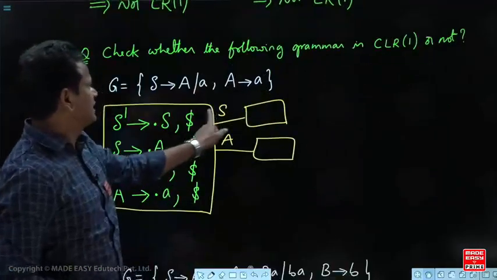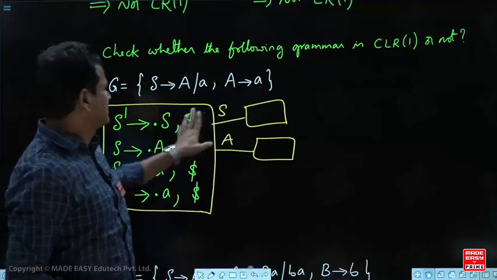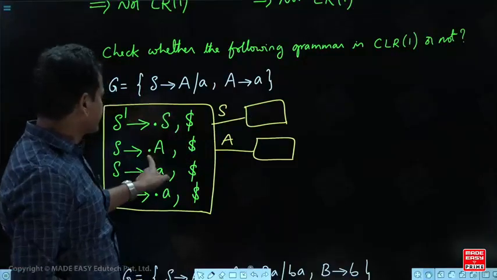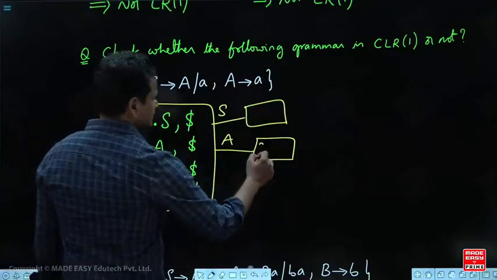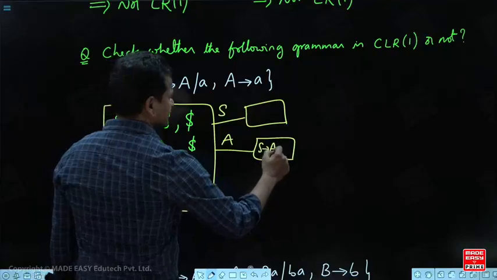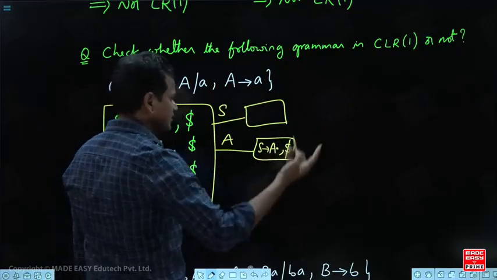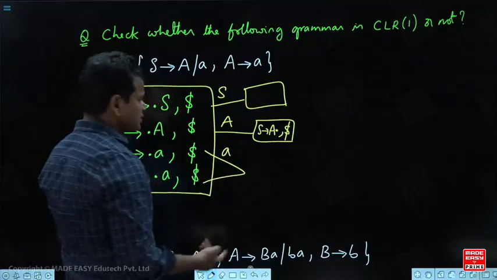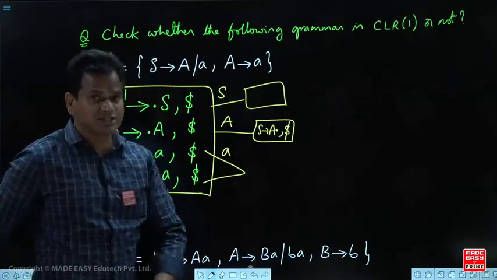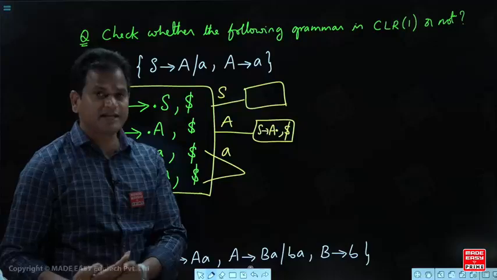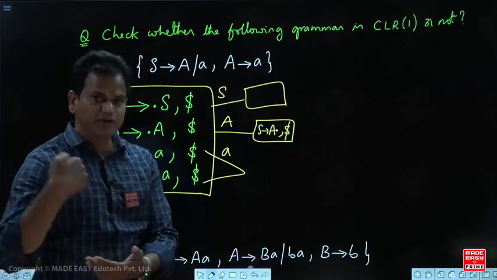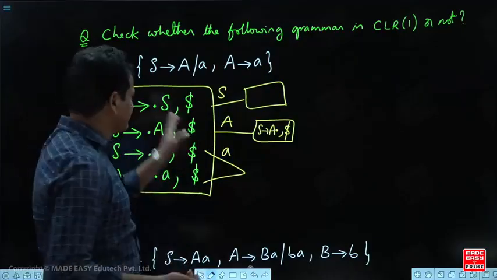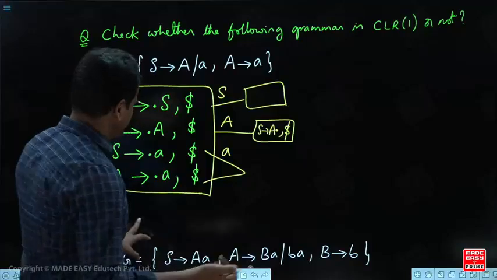Here you have only one production, and that too is the augmented production, so leave it. Whenever there is only one production, you don't get any conflict. Whenever you are doing the question in the examination, you must observe where the possibility of conflict is, and only those you keep on expanding. Unnecessarily don't expand everything, otherwise you waste time.